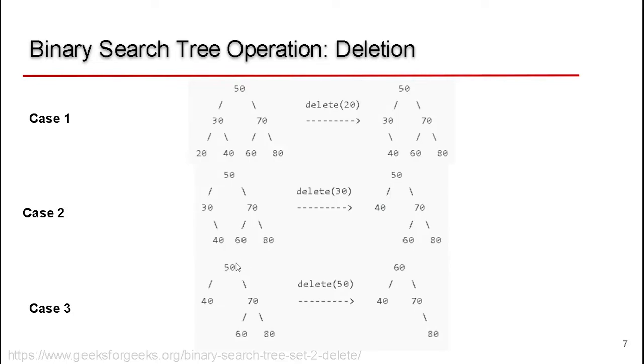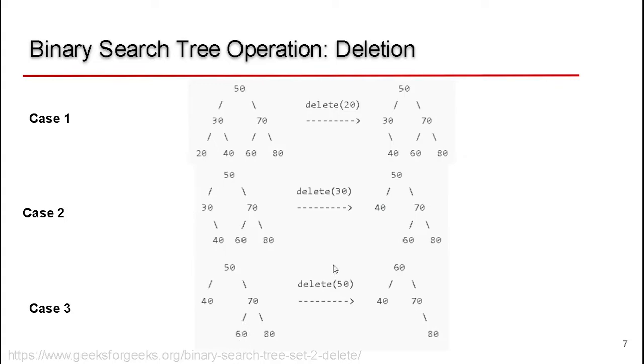So here, for 50, the successor means you go to the right and select the smallest bigger value than 50. All of the values on the right are bigger than 50, but one of them is the smallest bigger value, which is 60.